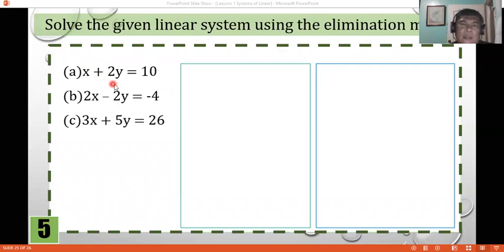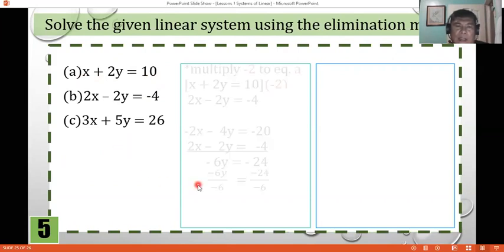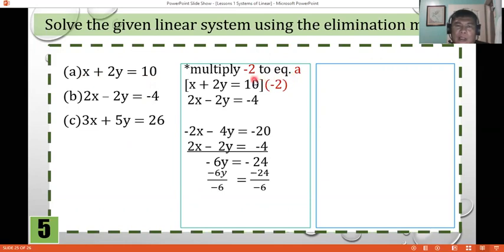So, we have another 3 equations, but we have only 2 unknowns. Ang gagawin natin? Multiply negative 2 to equation A. Tapos ipapares natin siya sa B to eliminate x. Ito siya. Y equals to 4.